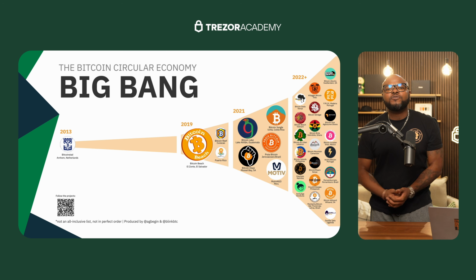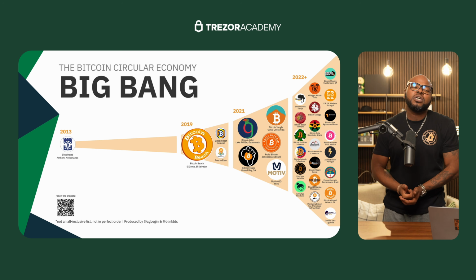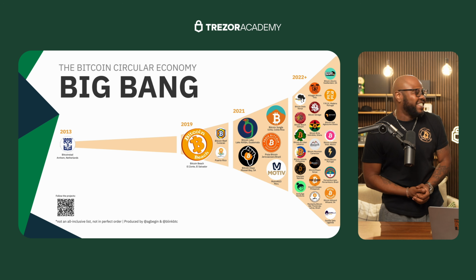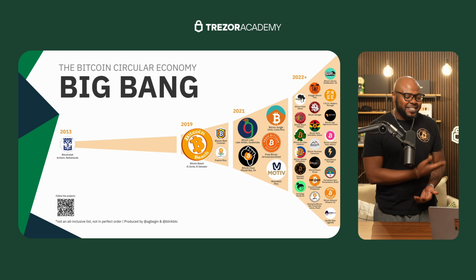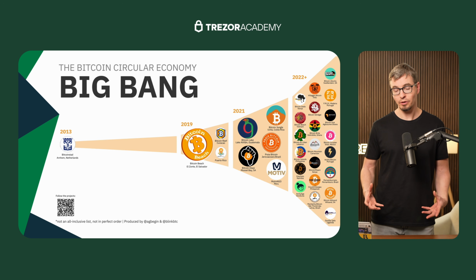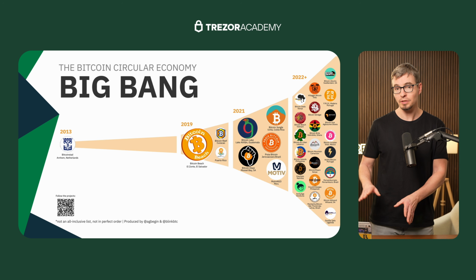Now, as you can see, from 2019, when Bitcoin Beach sprung up, everybody decided they wanted Bitcoin circular economies. So there's a lot of places that use Bitcoin as actual money around the world nowadays. Some of those survive, some of those don't. It's brilliant to see all these experiments around the world in various types of communities.